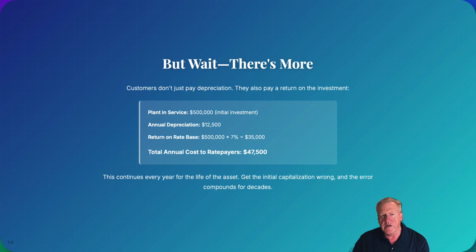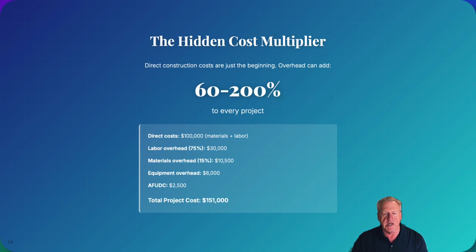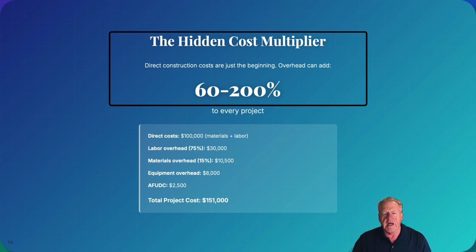So if you get this initial capitalization wrong, it'll be wrong for 40 years. You have like a one-shot time that you can capitalize this project and make sure it's fully costed with what we call the hidden cost multiplier, or overheads. So overheads can add 60 to 200% to every project.